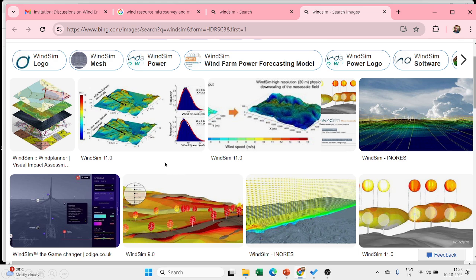You may have to give inputs in terms of wind speed Weibull distribution parameters. If you give them, it will automatically simulate the speed distribution for the site. Each wind site is characterized by a wind speed distribution, right? Yes, sir.